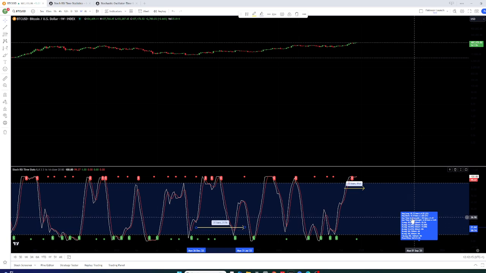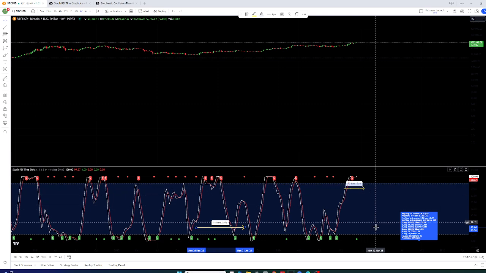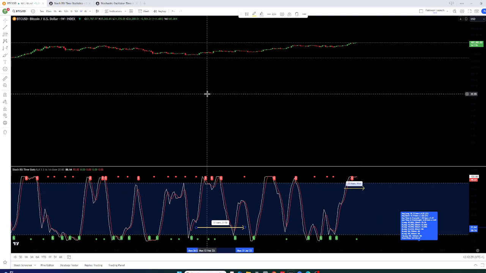So we can also, of course, take a look at the durations and try to determine some expected time period at which point the oscillator would then depart from the critical zone and start making its way back down to the bottom.